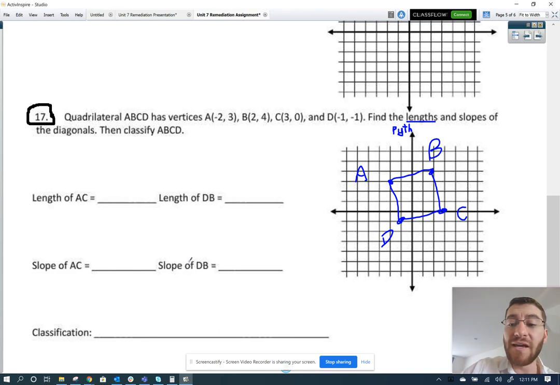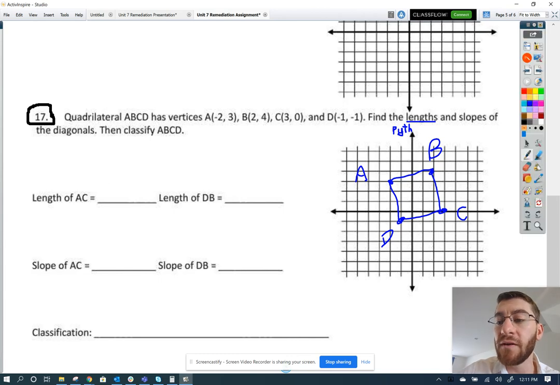All right, so the length of AC. How do we find the length of something? Well, we have to use the Pythagorean theorem to find the length of this diagonal right here. Okay, and how do we actually do that? We want to count down 1, down 2, down 3, and we want to count over 1, over 2, over 3, over 4, over 5.